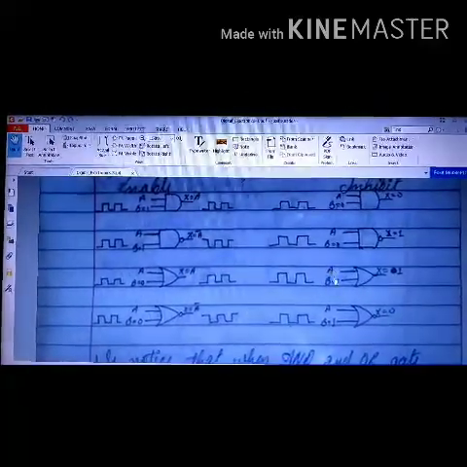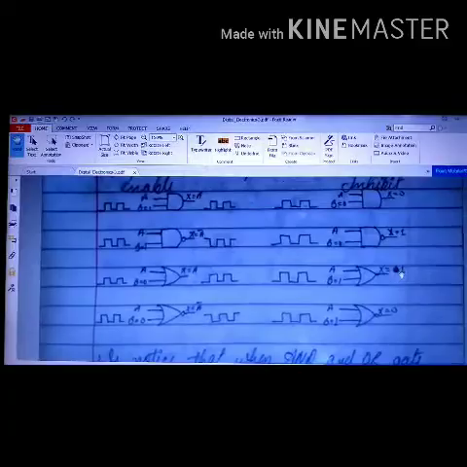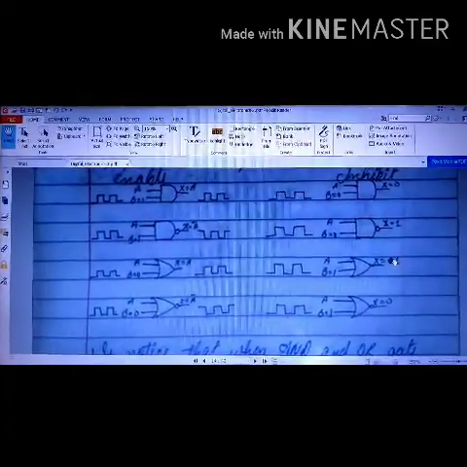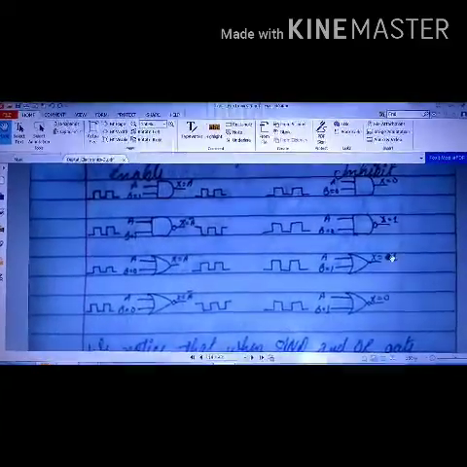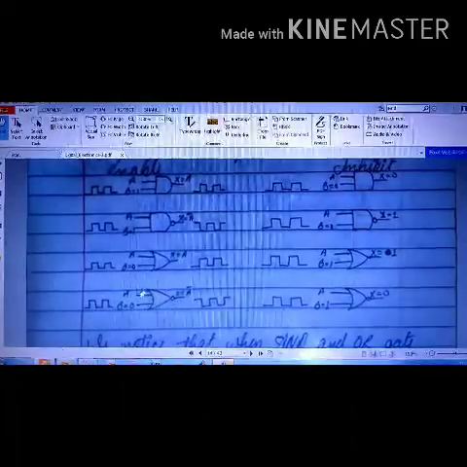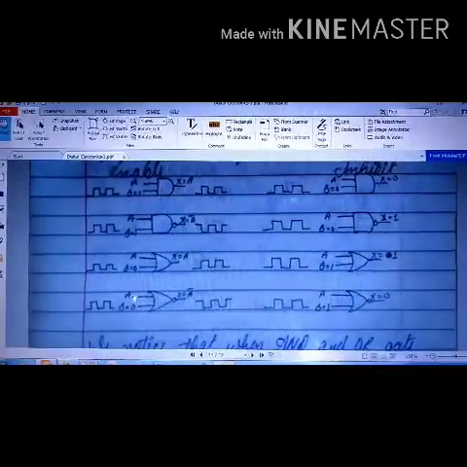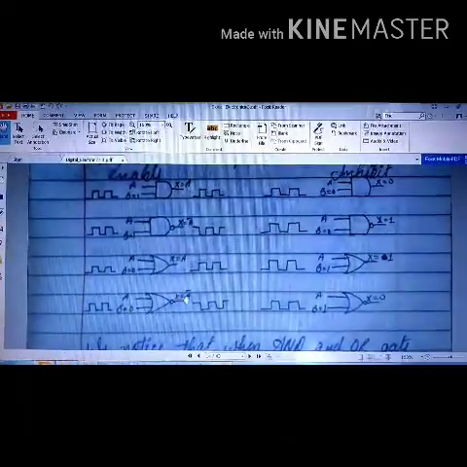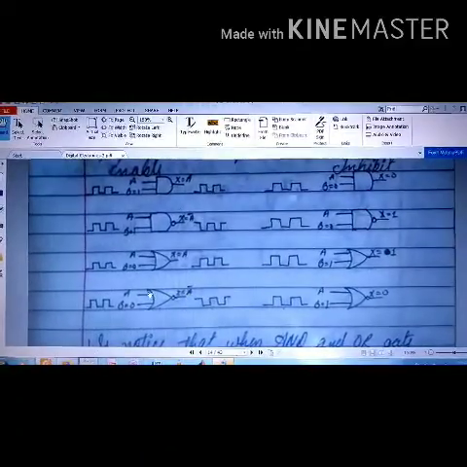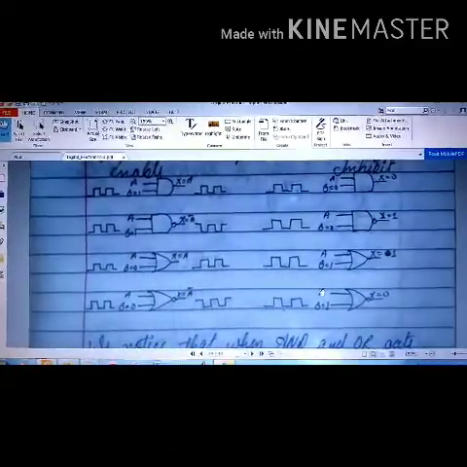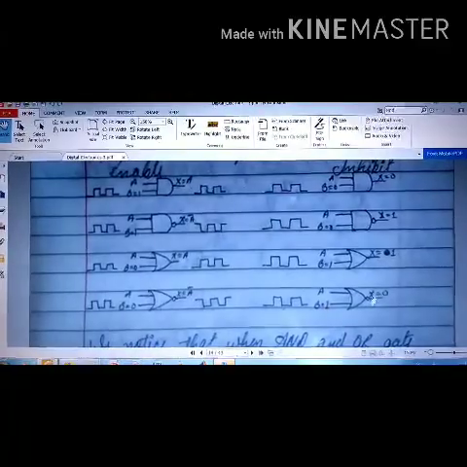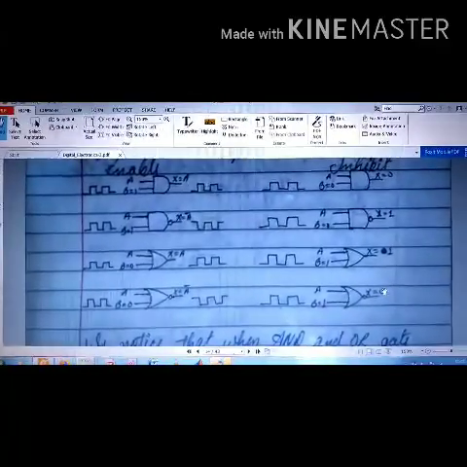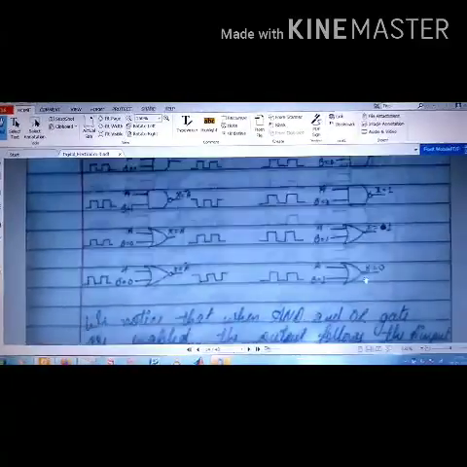If I am sending A with 1, I will get 1, so it is an inhibit circuit. For NOR gate, if A is input and B is equal to 0, I will get A bar, so it is enabled. And if I am sending A with logic 1, then I will get X equal to 0. So this is an inhibit circuit.